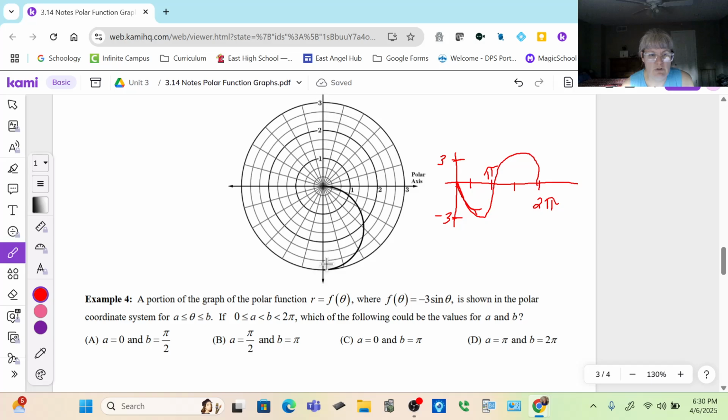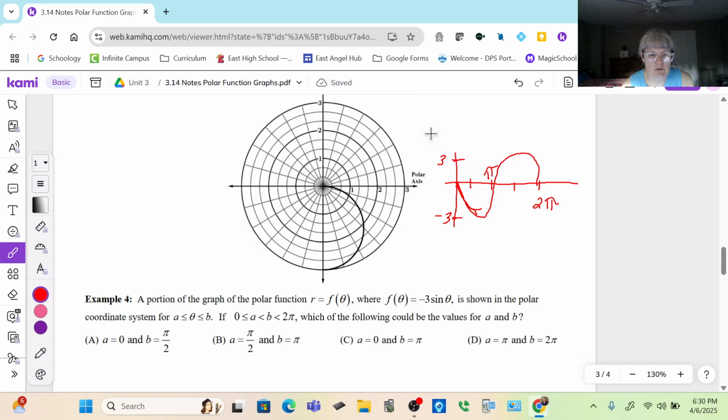This would be -3 down here, bringing me up to a 0 at pi. If at pi over 2, excuse me, pi's over here on the left.